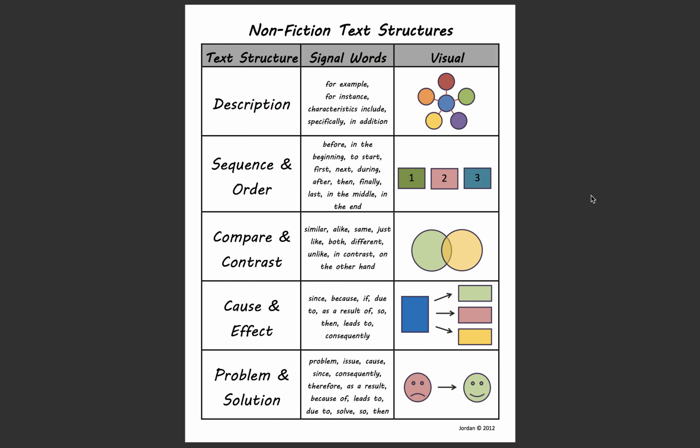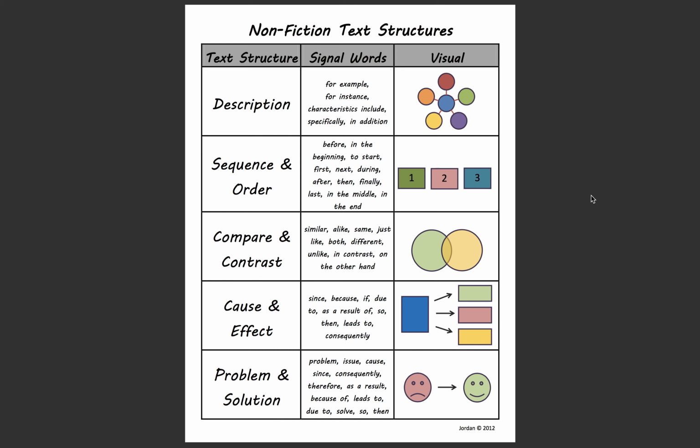Our first one is description, and I want to let you know that in nonfiction, it's not usually a description text structure. It's less likely when we're reading about history, but it's possible. There are certain words we can keep our eyes open for, to make sure we know that it's a description text structure.